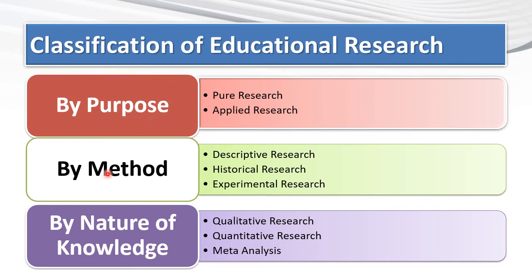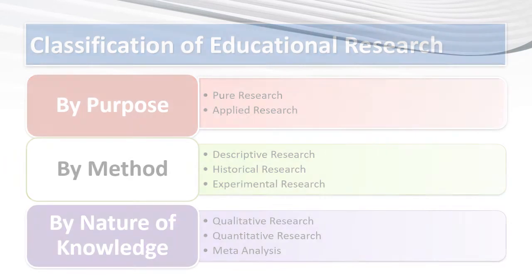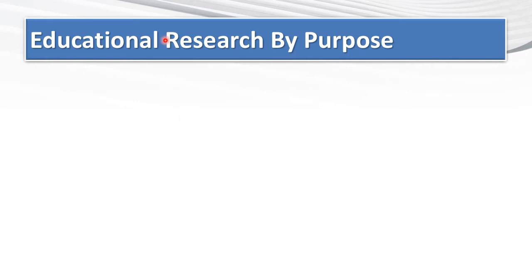Educational research by method can either be descriptive research, historical research, or experimental research. Now, looking at educational research by the nature of knowledge, it can be qualitative, quantitative, or meta analysis. Let's look at them step by step.